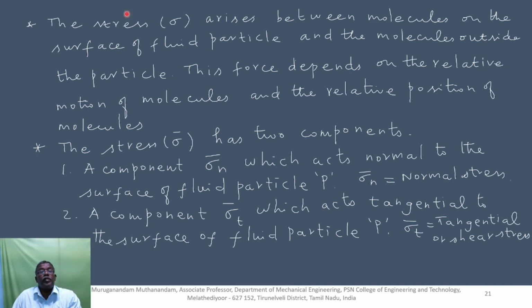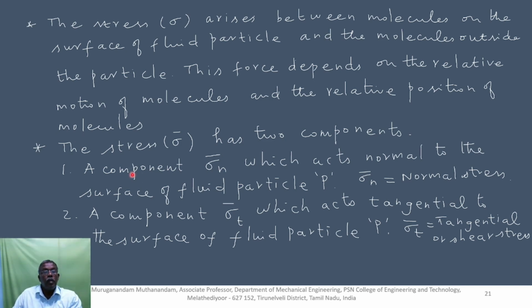The stress, the first kind of force, arises between the molecules on the surface of the fluid particle and the molecules outside the fluid particle. This force depends on the relative motion and the relative position of the molecules.